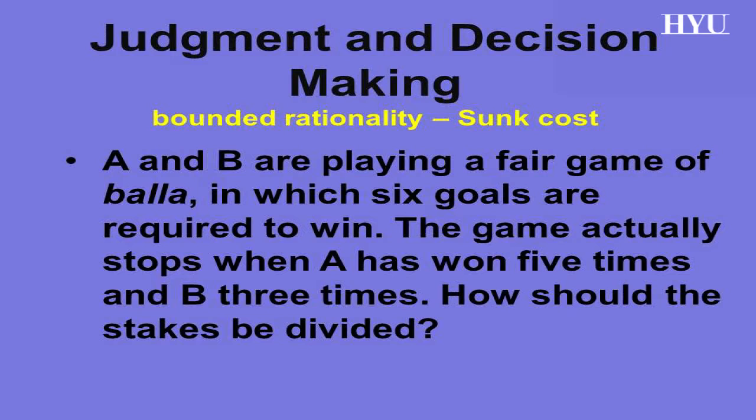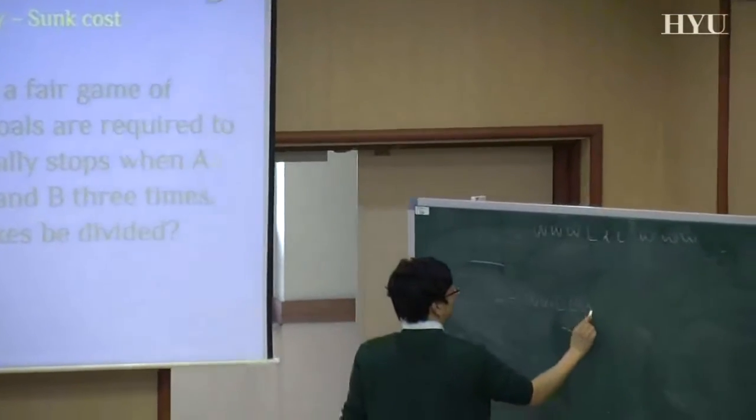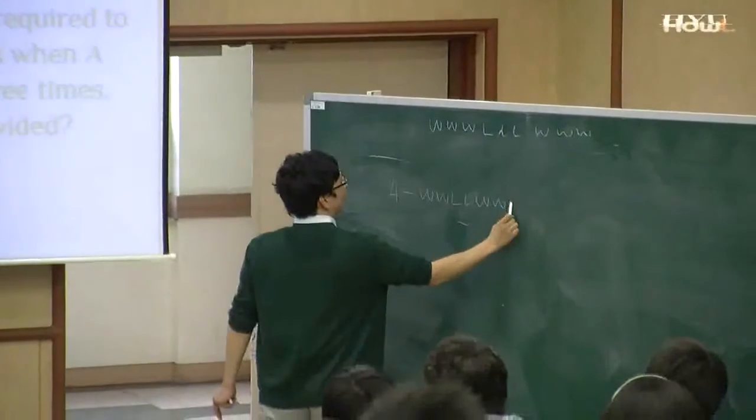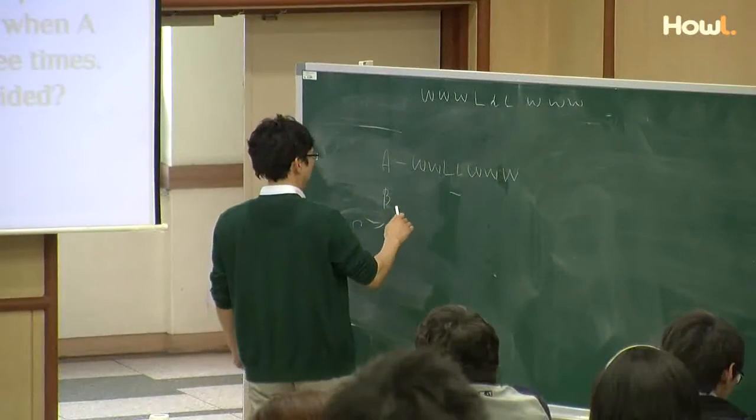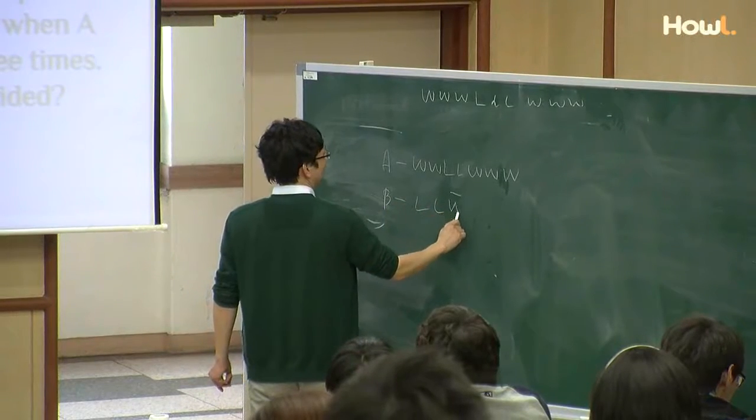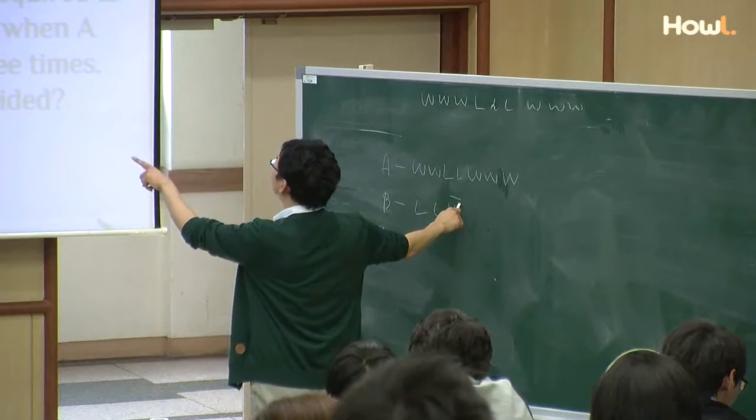So you have to win 6 times to win this whole game. The game actually stopped when A had won 5 times, and B had won 3 times.